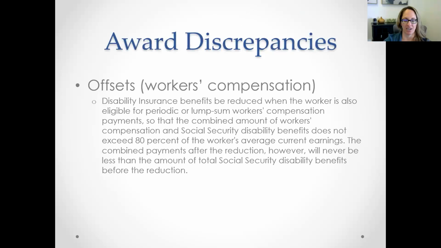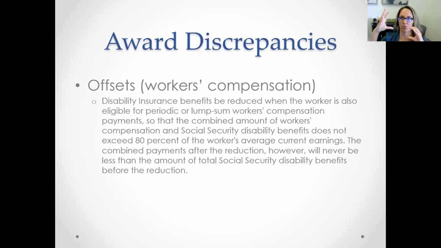Again, award discrepancies, I talked about this before. This is offsets, usually workers' comp is the biggest one, although there's some other things like OPM if you're a federal employee, where if you're getting workers' comp benefits from a private workers' comp insurance company, you can't get the full amount of both workers' comp and Social Security usually. If you're on both, usually the most you can get is 80% of the worker's average earnings when put all together.